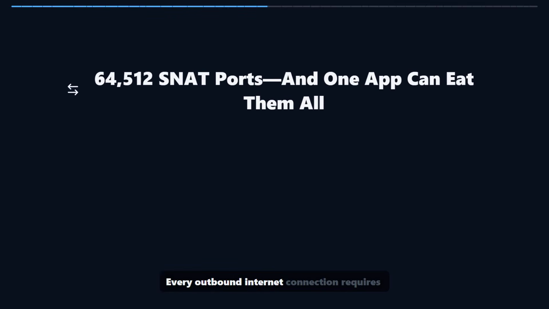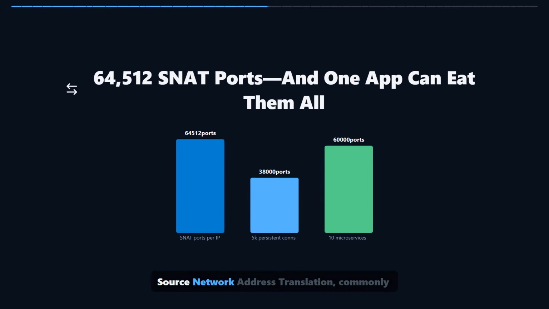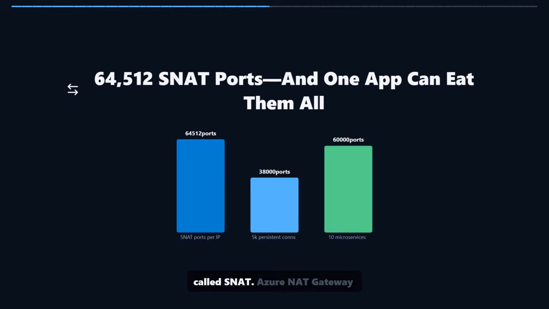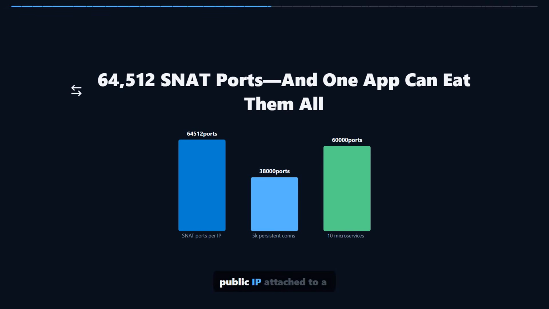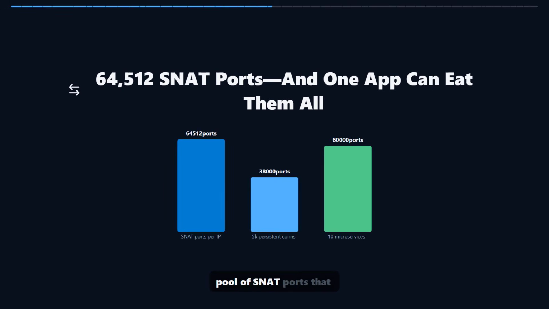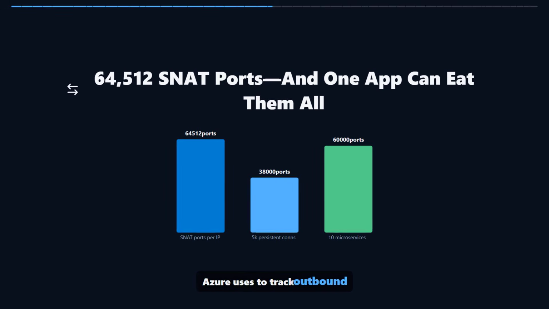Every outbound internet connection requires source network address translation, commonly called SNAT. Azure NAT Gateway performs that translation automatically. Each public IP attached to a NAT gateway provides a large pool of SNAT ports that Azure uses to track outbound connections. Most workloads never come close to exhausting that capacity.